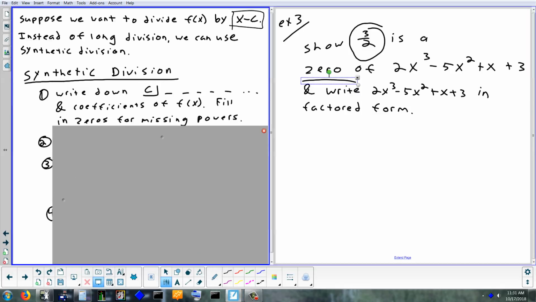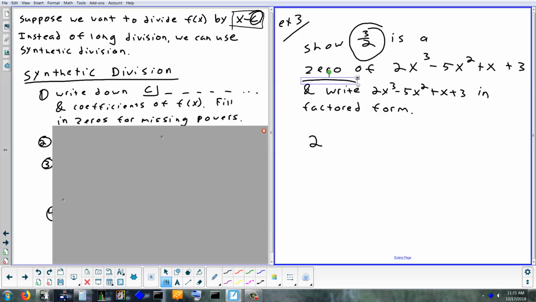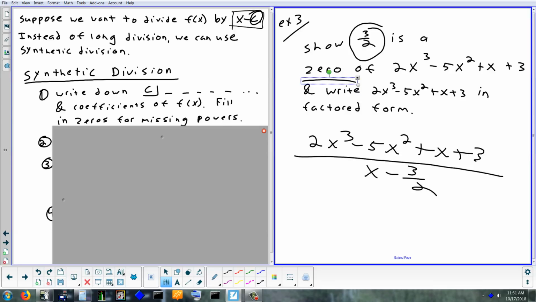So we start by writing down c. Just to be super clear, c is the number after the minus sign. You ignore the minus sign. Okay? So let me write down what we're doing. We're doing this. That's the problem I'm about to do.